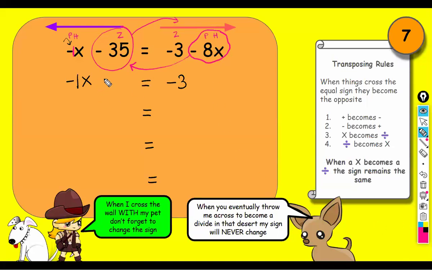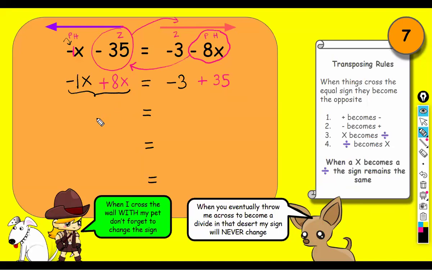Minus 8x, throw it across, you get positive 8x, minus 35, positive 35. Hope you have up to there correct, right? Once again, when you're throwing somebody across, doesn't really matter where they land. Just make the appropriate changes when they land on the other side. So combine like terms now.